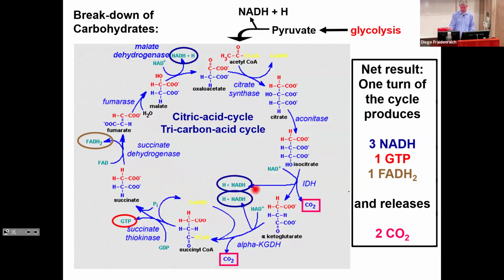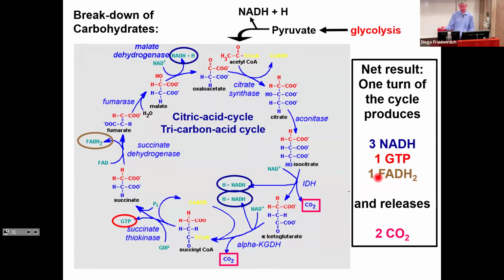There are three NADH molecules generated per cycle. There would also be one GTP, that's another way like ATP or GTP.